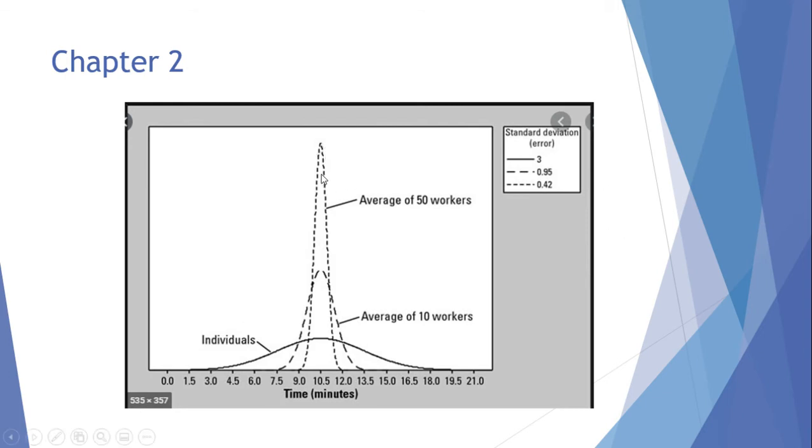All I'm trying to explain is how to read this graph: the taller the curve, or the taller the point on the curve, the more individuals are stacked up there.